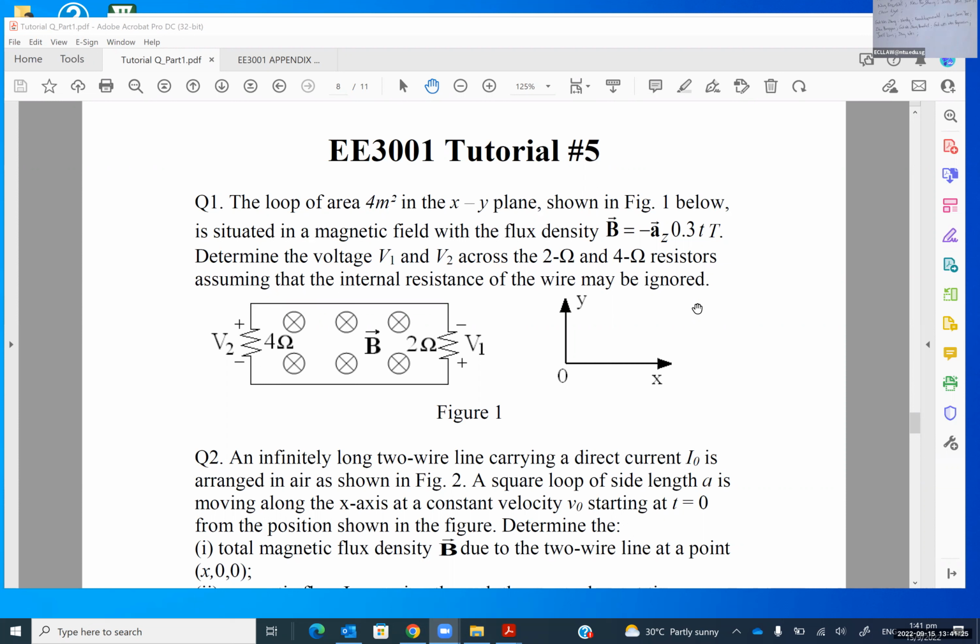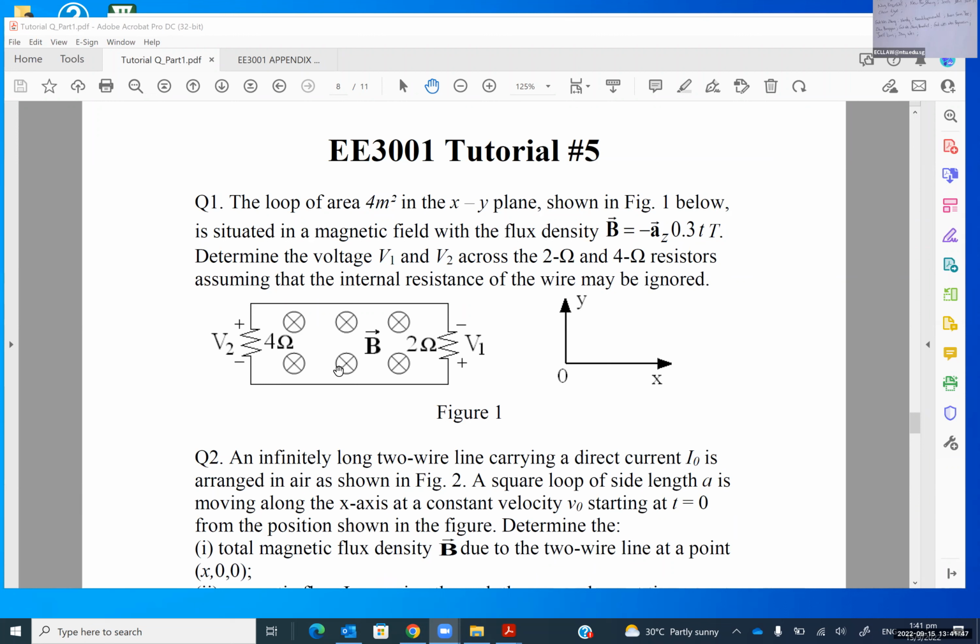After you have done that, now you can visualize in this 2D plane the magnetic flux density B, because the magnetic flux density B is given as minus a_z. So in other words, they are circles with a cross, saying that it's going into the white paper, right?